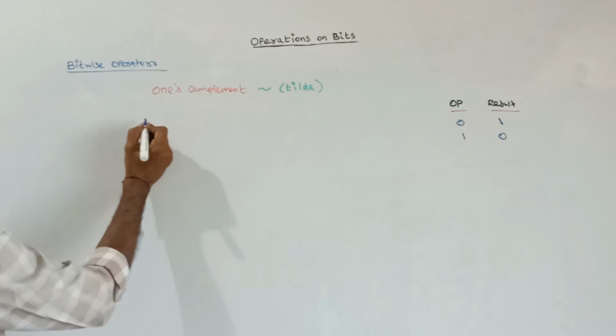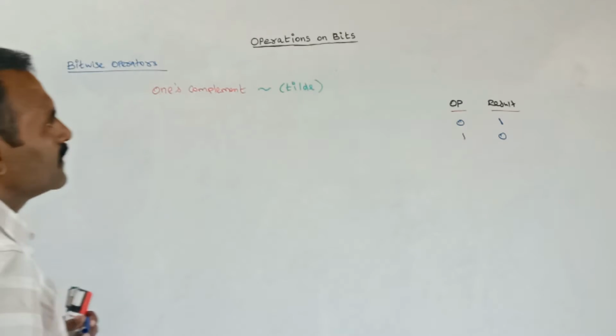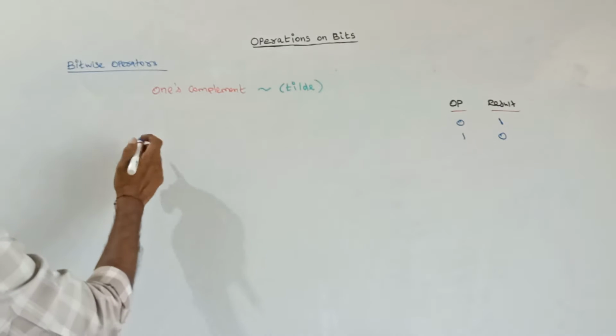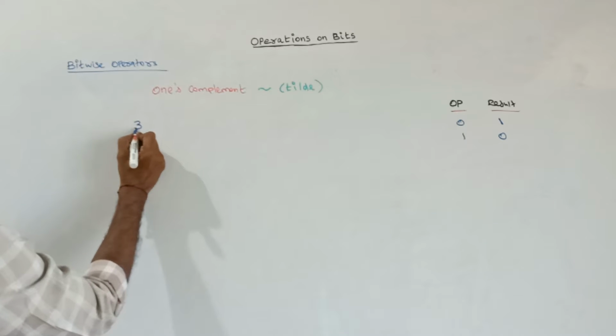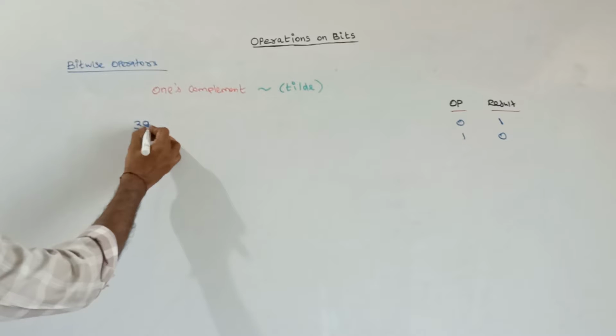Let us take binary values. For example, here we can give decimal values and convert them into binary. For example, if you are giving the decimal number 39, what is the binary value of this 39?